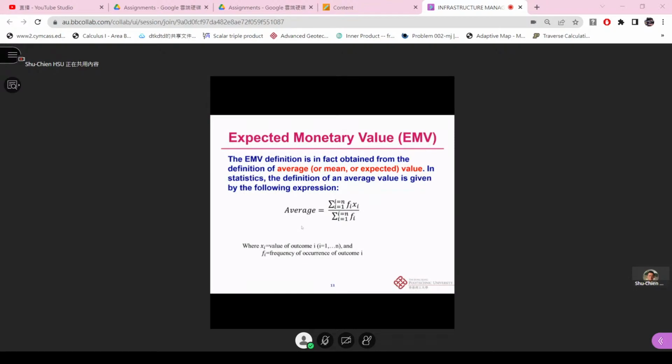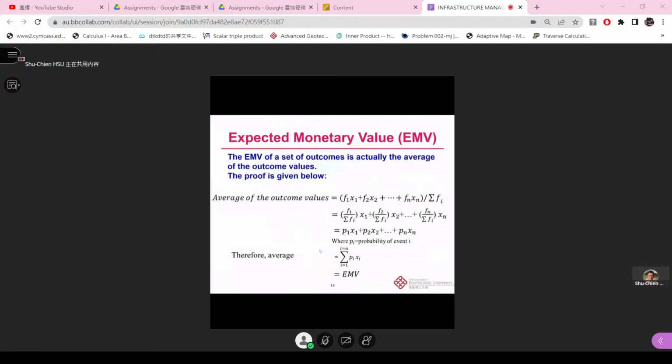The EMV definition is derived from the definition of the average, or mean, or expected value. In statistics, the average value is given by the following expression.